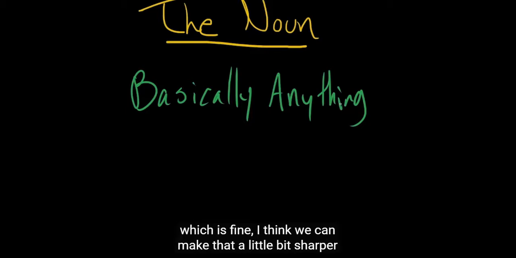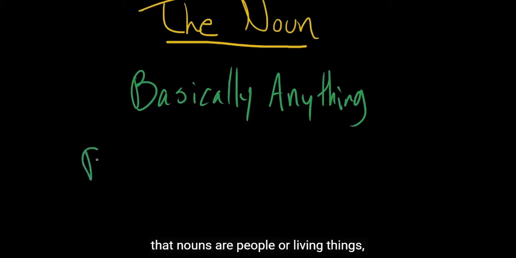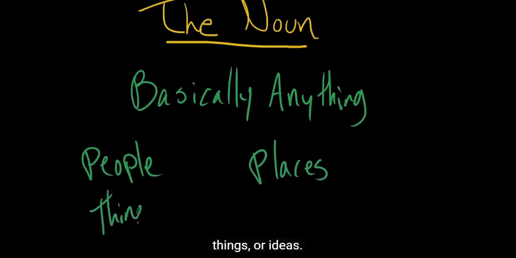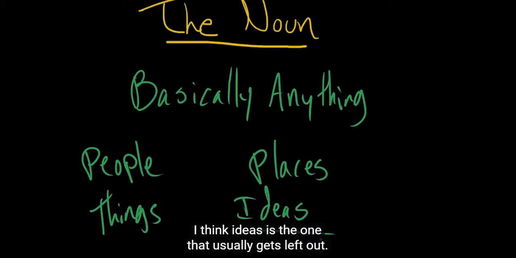I think we can make that a little bit sharper and expand that out by saying that nouns are people or living things, places, things, or ideas. I think ideas is the one that usually gets left out. So nouns can be people, places, things, and ideas.